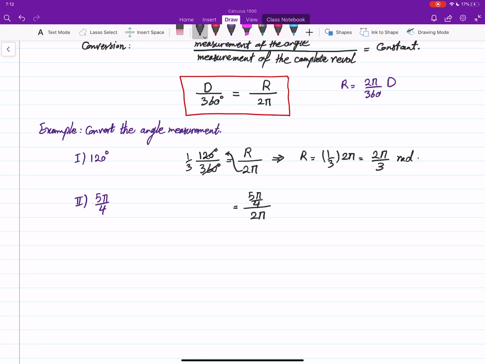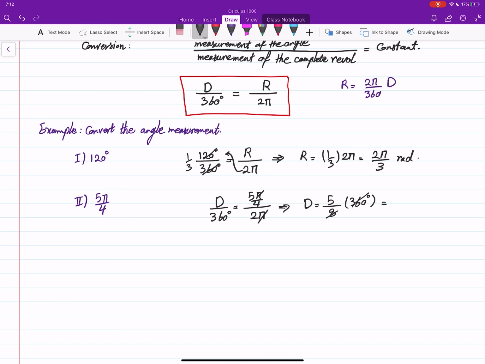Then the degree will be exactly the same portion out of 360. So you see that pi cancels with that, and then the degree is 5/8 times 360 degrees, which gives us what? Well, we can cancel this.